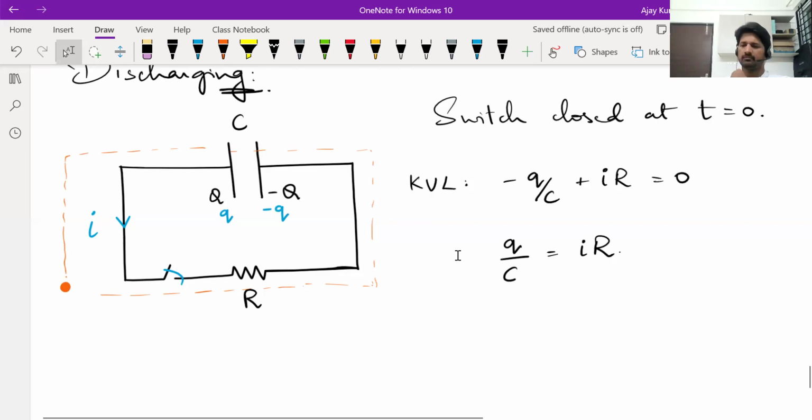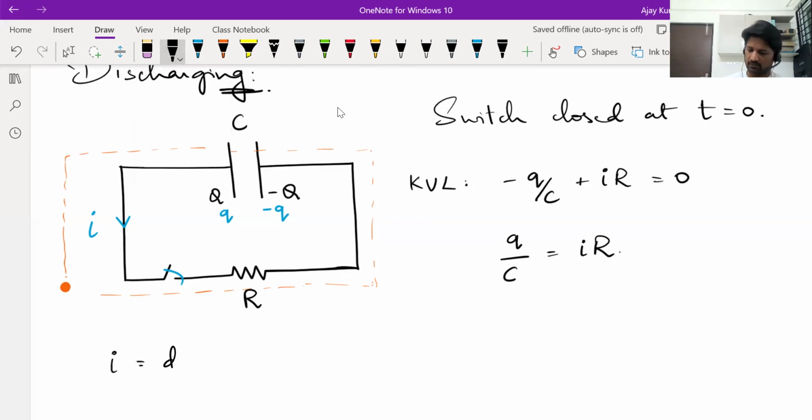Can one of you tell me how to include time in the equation? Sir, dq will be I into dt. So you are saying I is equal to dq by dt. Yes, sir. Okay. This is not correct here. Why did you say I is dq by dt? On what basis did you say?